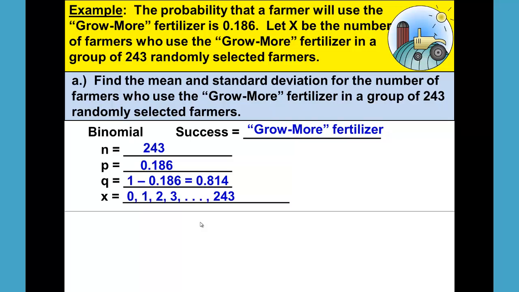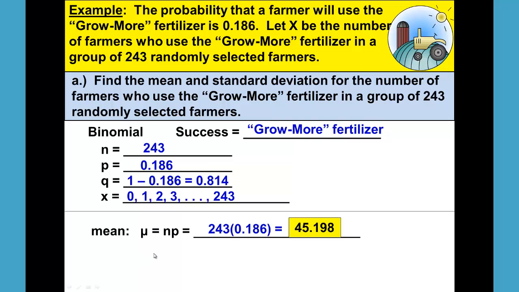X is the number of successes, which can be 0 through 243. Our mean is equal to n times p, which is 243 times 0.186, which gives us 45.198.